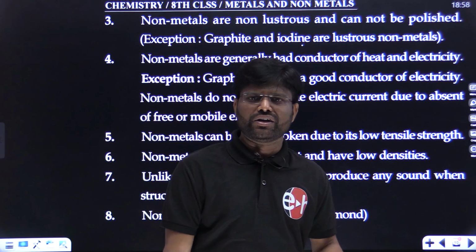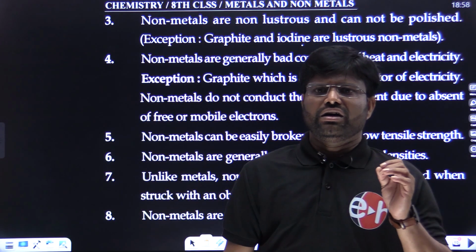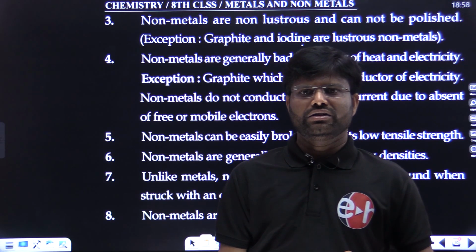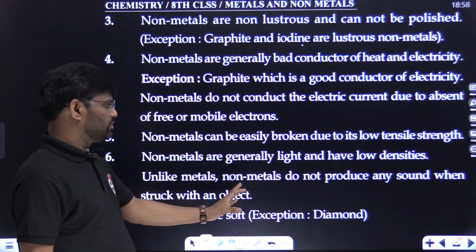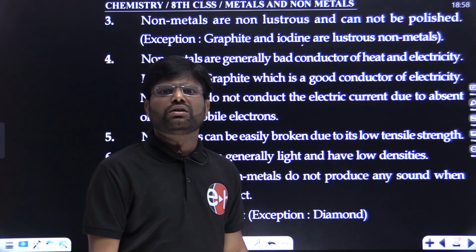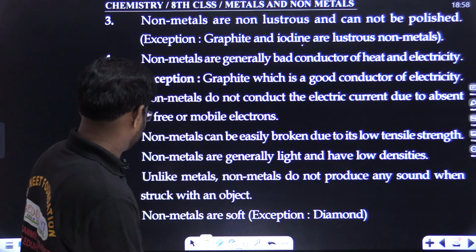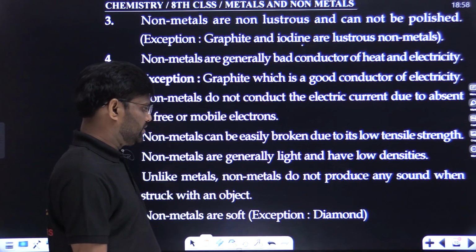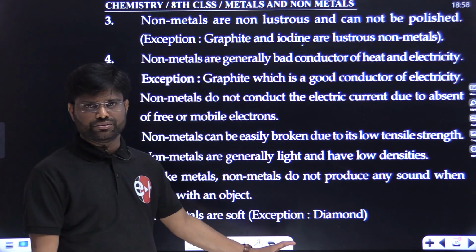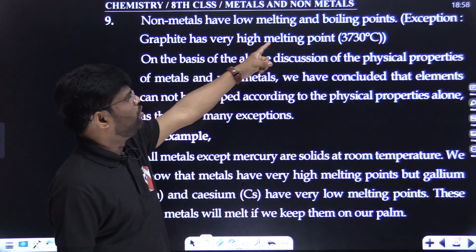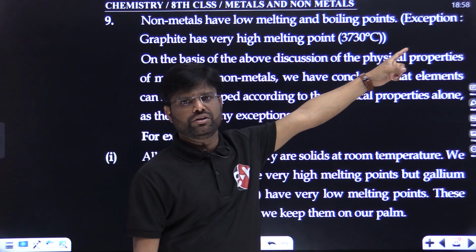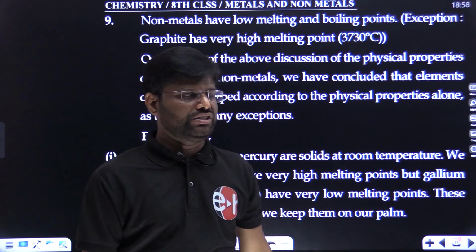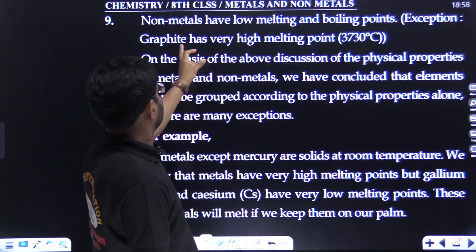So they are non-sonorous in nature. Non-metals are soft except diamond, as I already told you. Non-metals have low melting and boiling points. Most of the non-metals have low melting points and boiling points except graphite.